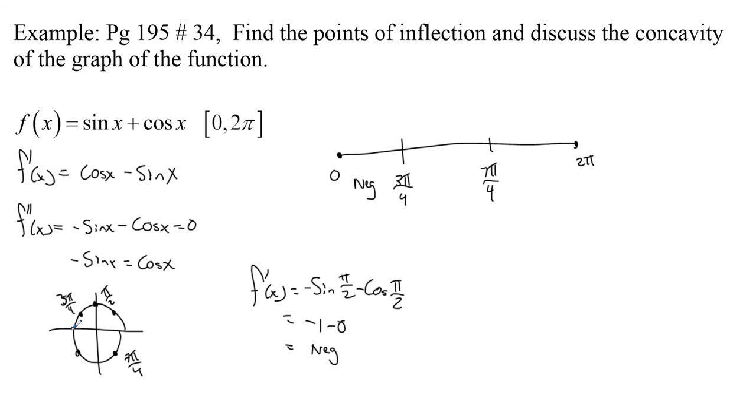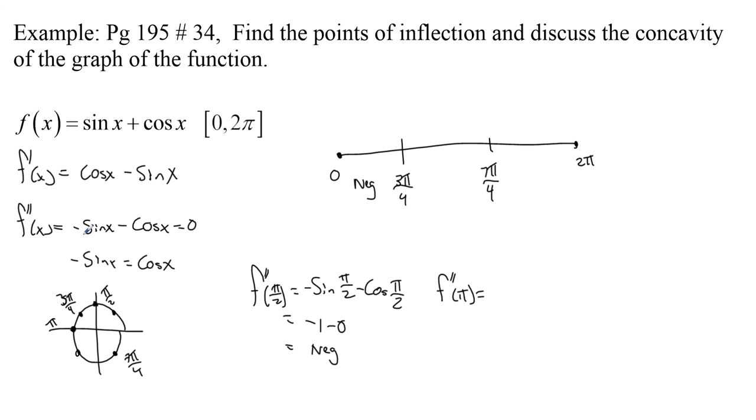So I want to choose a point between here. Let's choose this point right here, we'll call it π. And I need to make these double primes, because I'm plugging it into this equation right here to determine values.